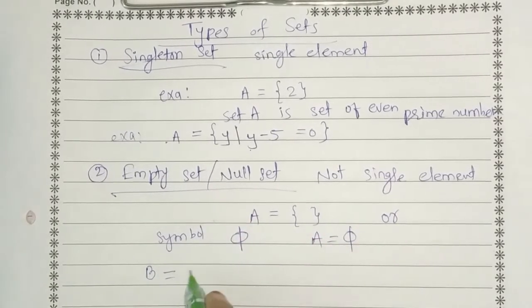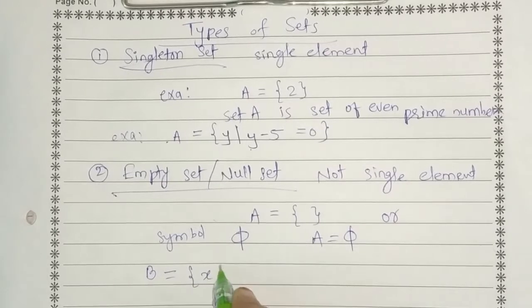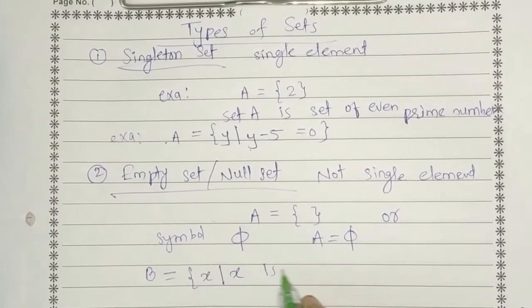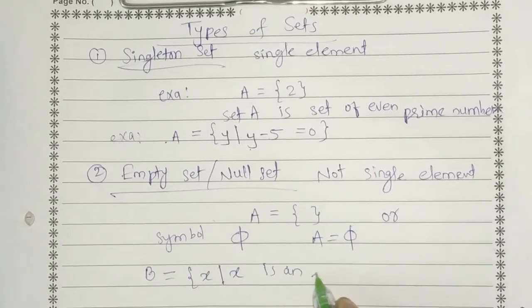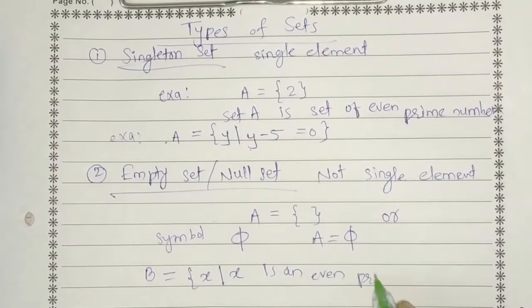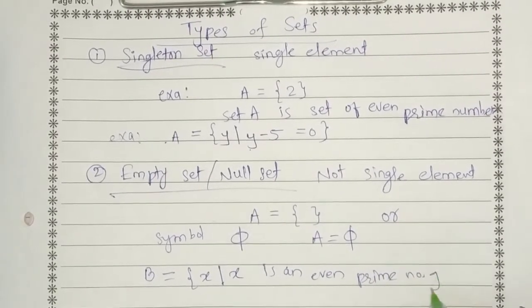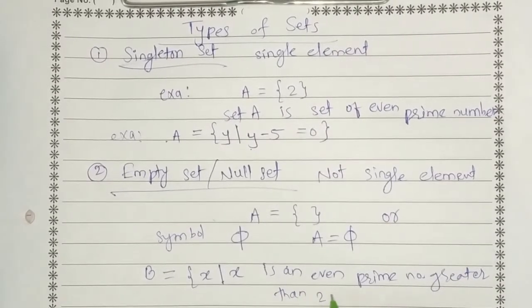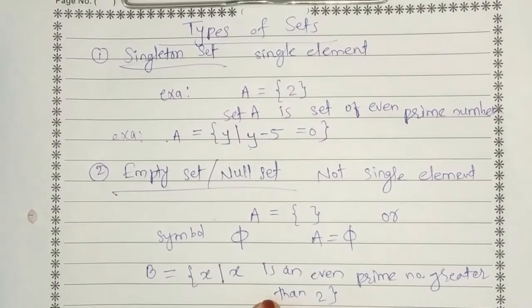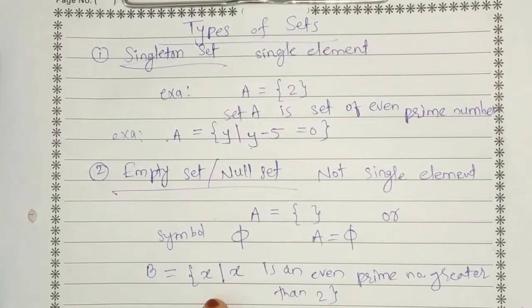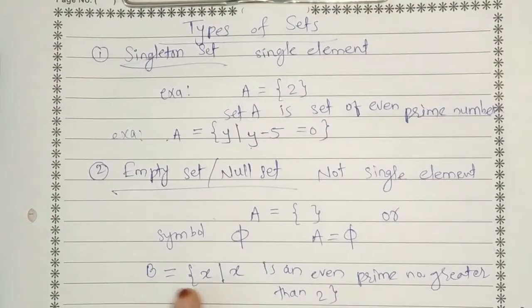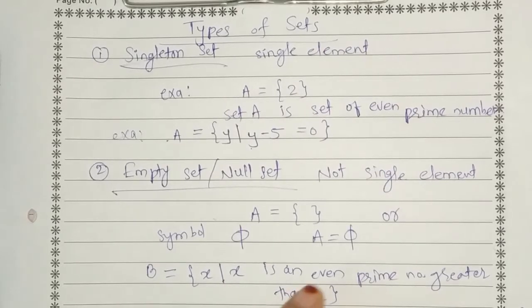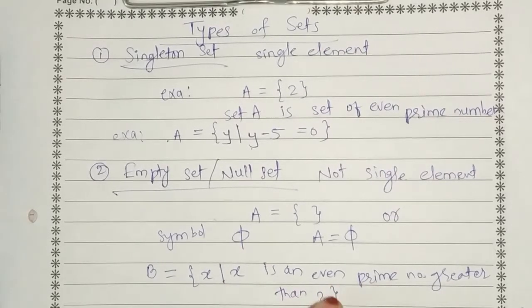For example, you may have another example. B is a set of elements x such that x is an even prime number greater than 2. I have kept this unique condition for the variable x here. So B is a set of such variables x where x is an even prime number greater than 2.